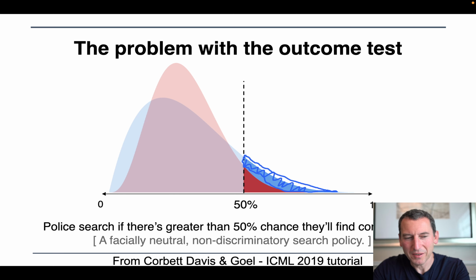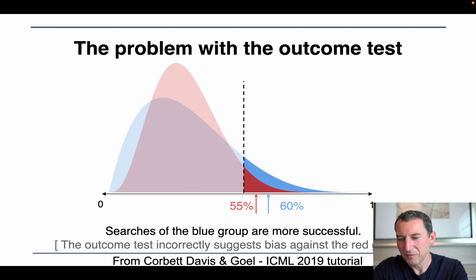right? But we are just stopping everybody who has at least a 50% chance of carrying contraband, and it just so happens that the blue curve has a much larger mass to the right of the 50% marker. So it also turns out that the searches of the blue group are more successful.